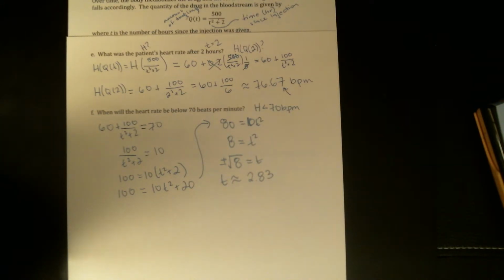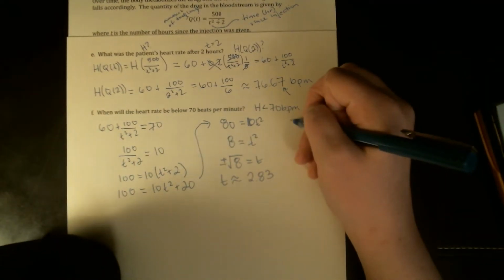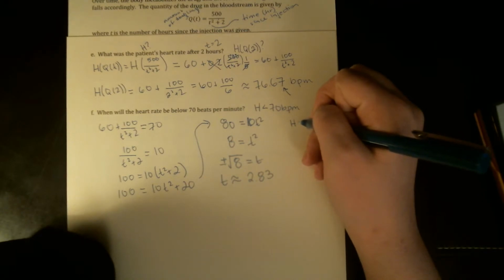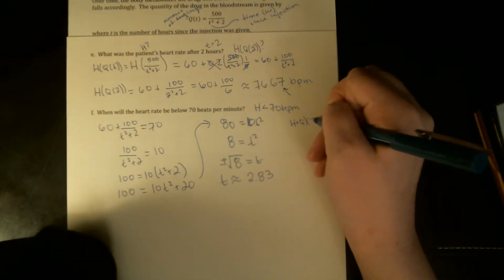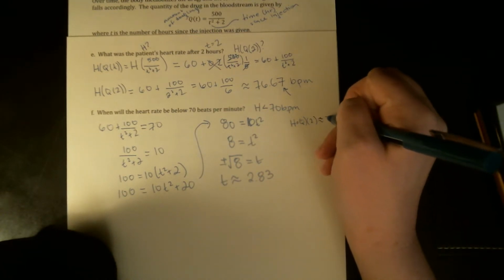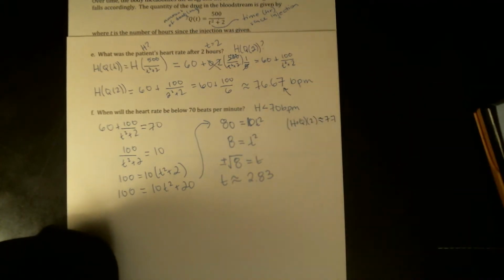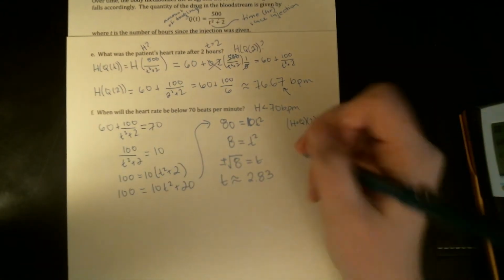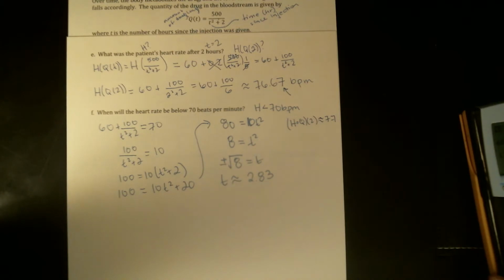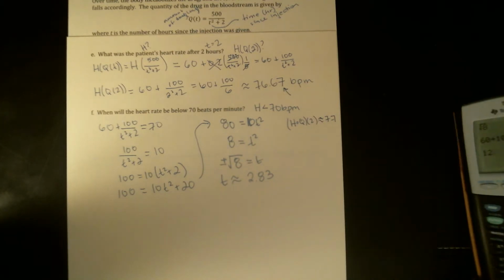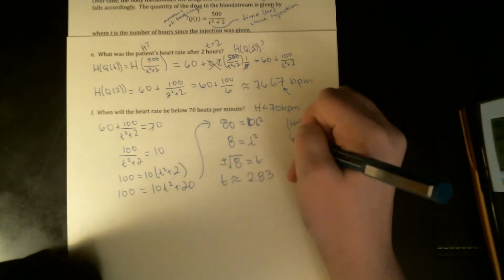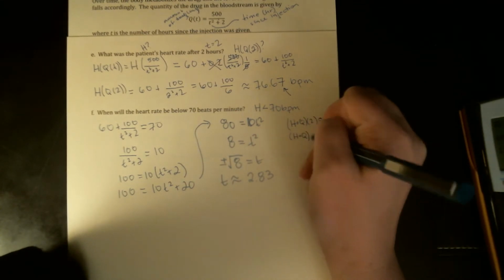If t equals 0, we get 250. I don't think we did that, but we can do it really quick. So just to check a couple of these, we know that h of q of 2 is about 77. If we want to plug in a 0, we get h of 250. So I think that's going to give us 110.